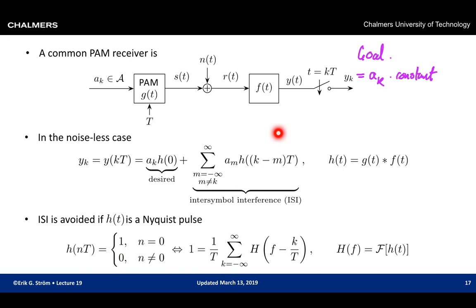It's fine, because then we get rid of the interference, and then the constant we have here actually is 1, because if h of 0 is equal to 1, then the constant is 1. So this is desirable. And we can do that by imposing this requirement on h in the time domain, which turns out to be this requirement in the frequency domain. Capital H here is just the Fourier transform of the time signal h of t.